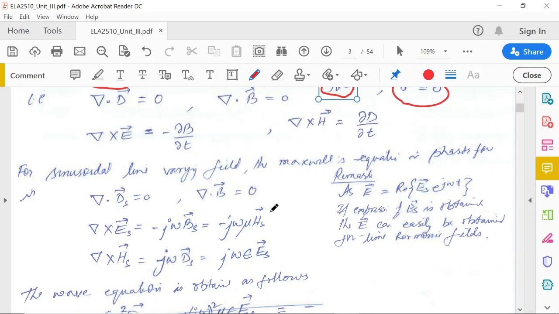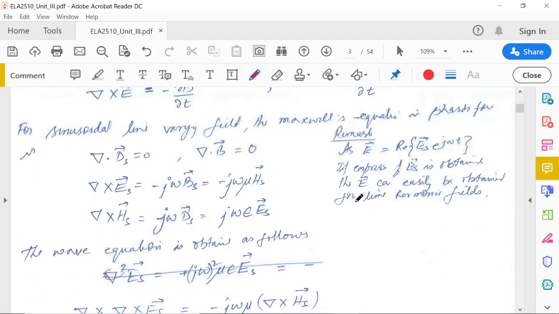So if we understand sinusoidal time varying fields, then we can understand any periodic signals. Using the Fourier series or Fourier transform, you can decompose any periodic fields in terms of sinusoidal fields. So understanding the sinusoidal time varying field will ease understanding the periodic nature of fields. So let's focus on these sinusoidal time varying fields.